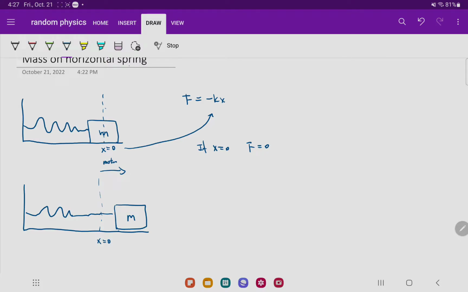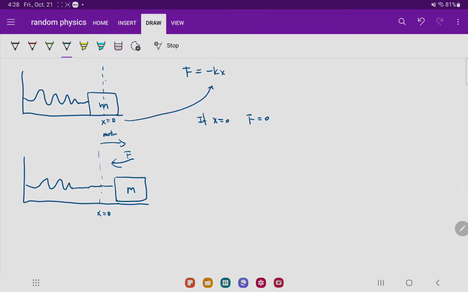The force of the spring will always act opposite to the direction of your motion, and the direction of motion is determined by x, right? Since we pull the spring towards the right, the restoring force is going to go to the left. So the force is the opposite of the direction of the motion.